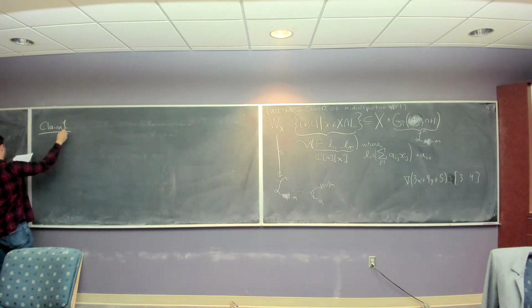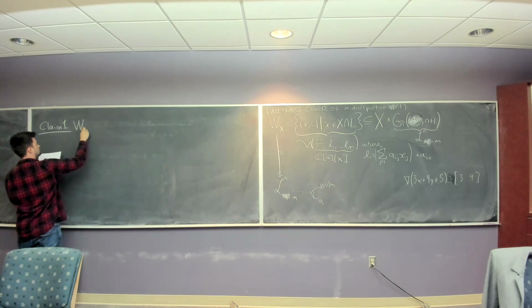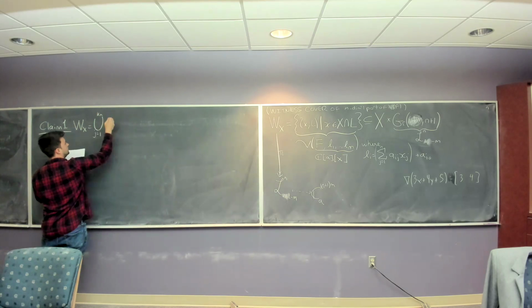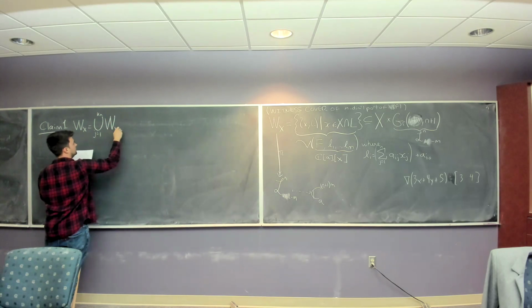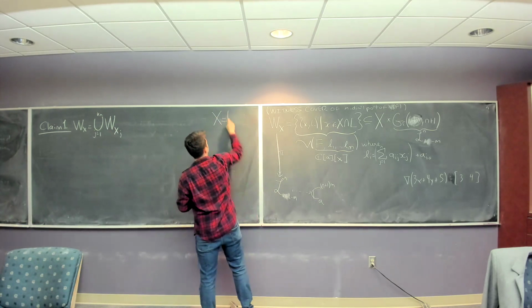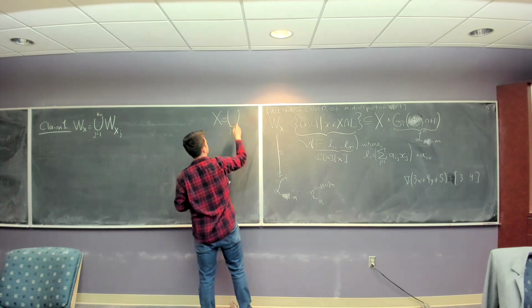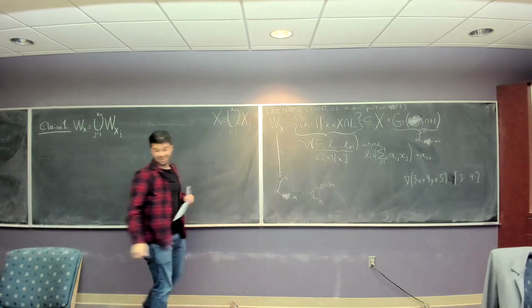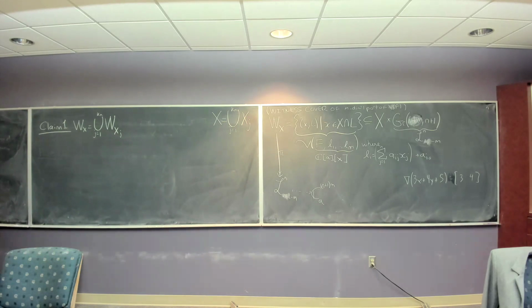Remember that X has components Xj of dimension n that are all reduced. And this is just set theoretically.